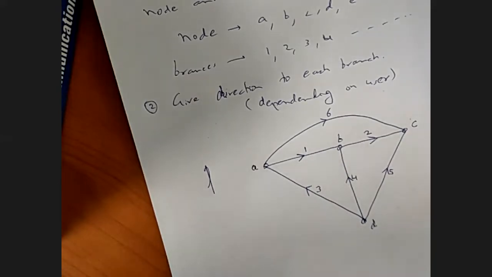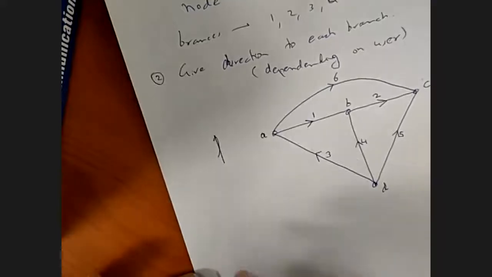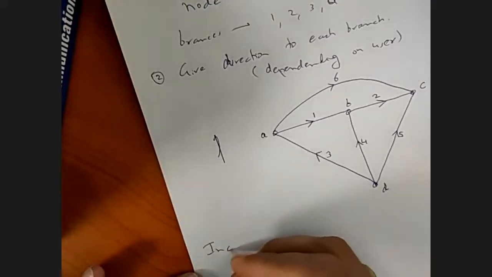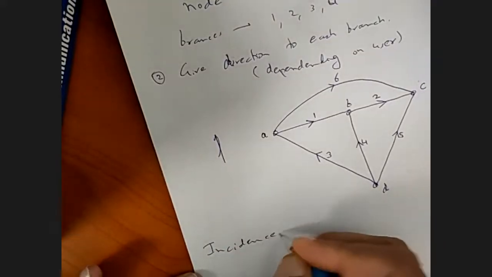Now there are some matrices which will be used for analyzing these networks with the help of the graph. The first one is the incidence matrix.